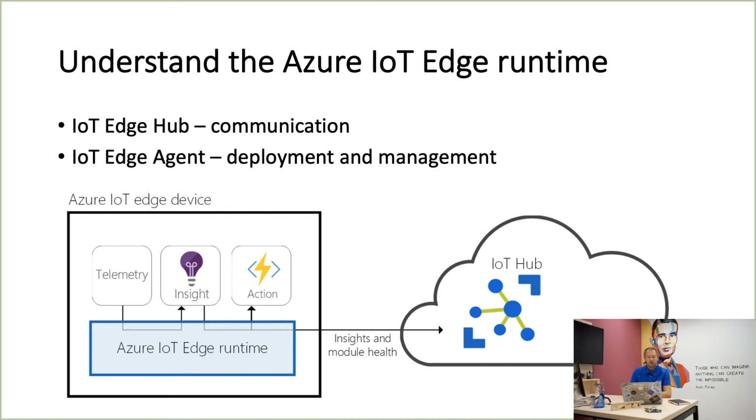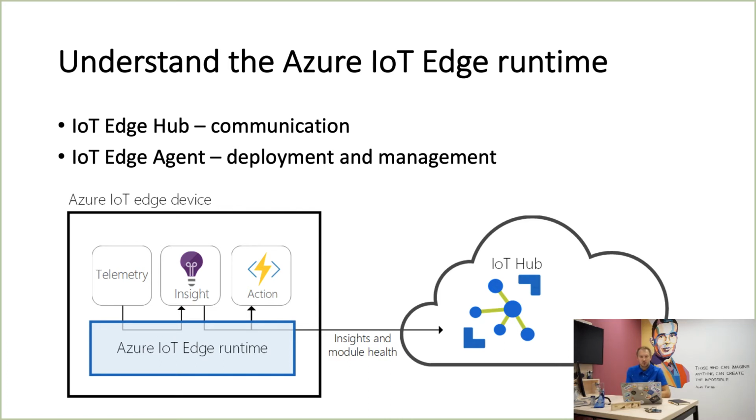The IoT Edge runtime is responsible for several functions on IoT Edge devices, such as installing and updating workloads on your device, maintaining Azure IoT Edge security standards on your device, and of course ensuring that all IoT Edge modules are running without any problems or issues. It also manages communication between downstream devices and the IoT Edge device, or between modules on the IoT Edge device, and of course communication between IoT Edge and the cloud.